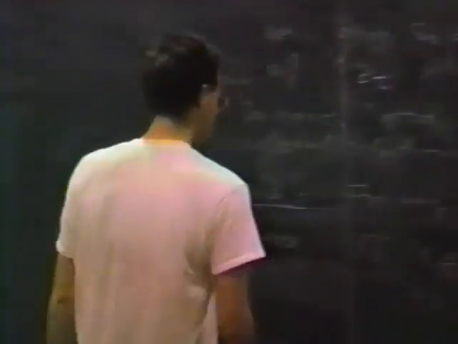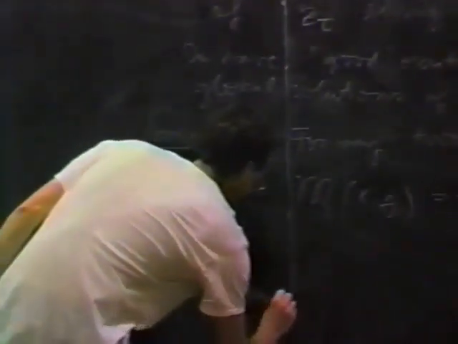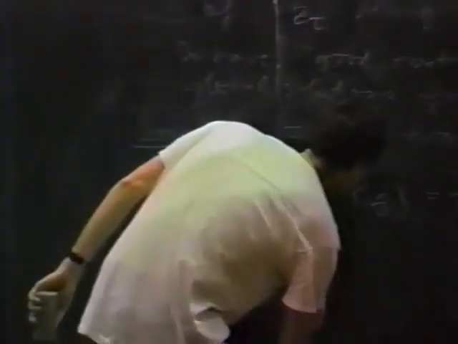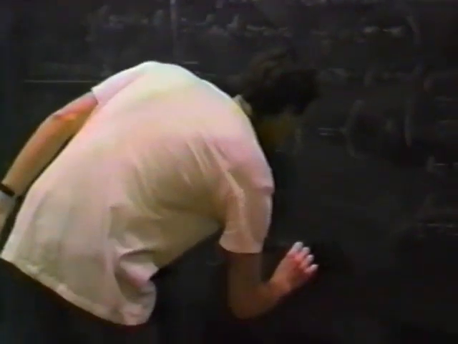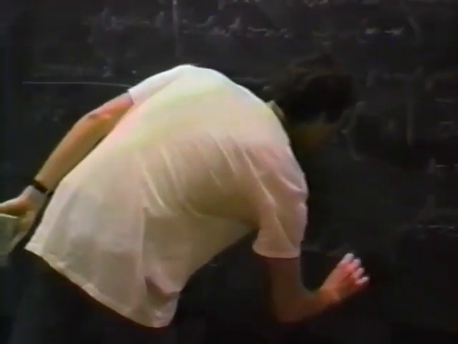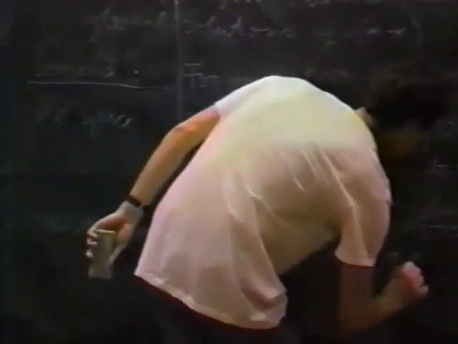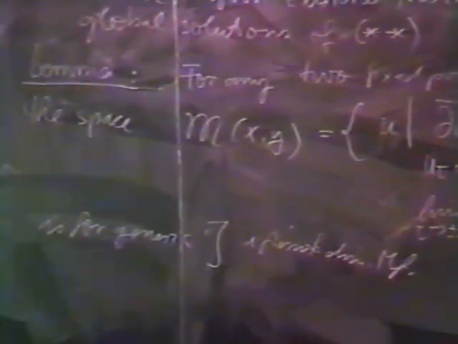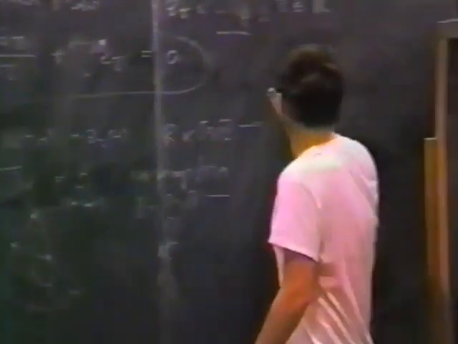The lemma is that this space is, for generic J, and I might have to perturb the J a little bit, a finite-dimensional manifold. I don't know if it's empty or not, but I know that if it's not empty, then it's a nice finite-dimensional manifold.